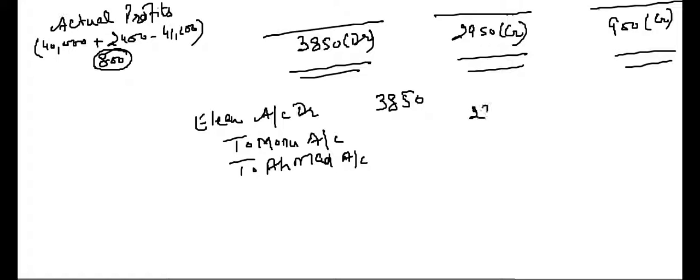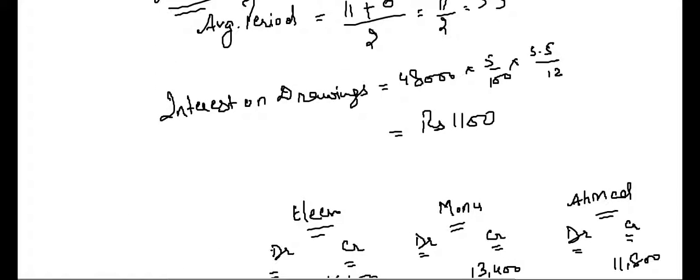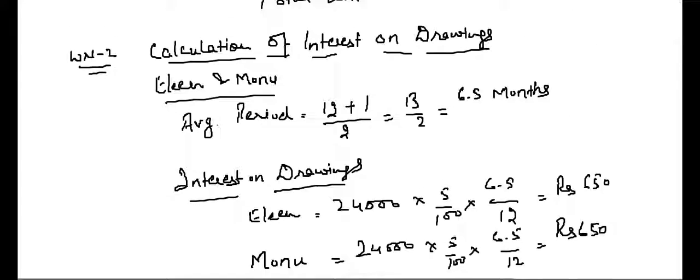What is Monu? 2950, and for Ahmed it is 900. So this will be the journal rectifying entry. I am repeating again, please prepare a proper journal in the examination. Don't do it like this, right? So this was the solution.